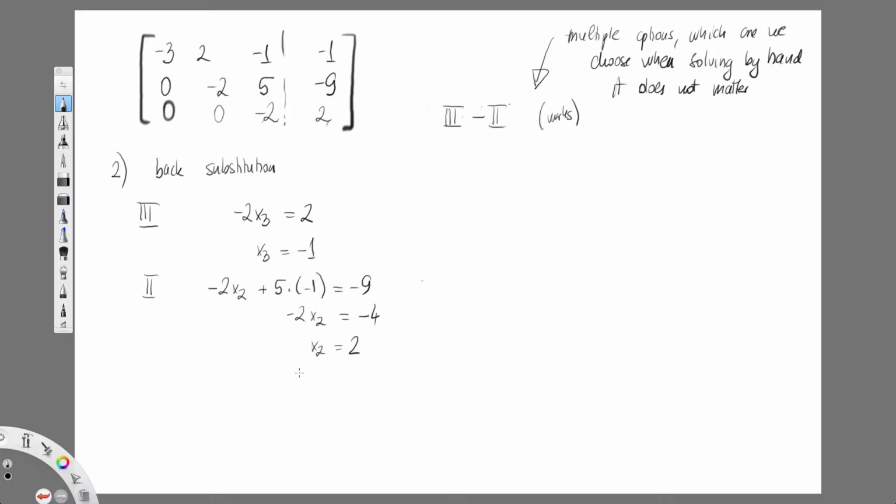My first equation is minus 3x1 plus 2 times 2 minus 1 times minus 1 is equal to minus 1. So this is equal to minus 6, you say? Indeed. So this is my solution to the system.